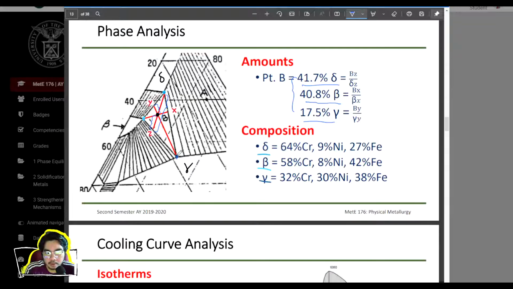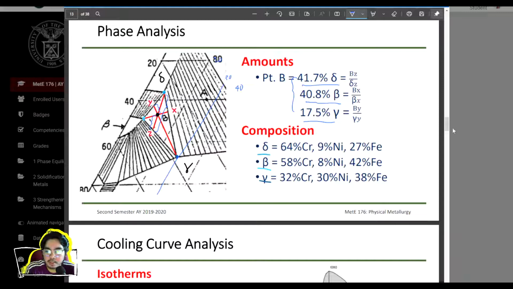Let's look at the gamma. Gamma is here. So for component B, it's around 20-something, 27%. Oh, no, sorry. This is 20 and the next line is 40, so around 30 is the midway point.